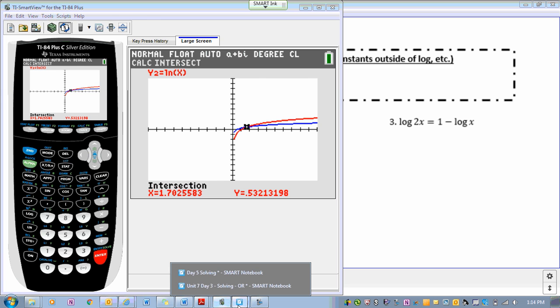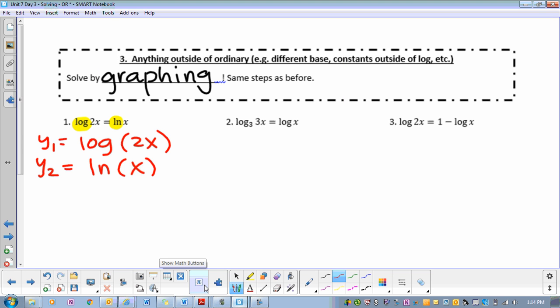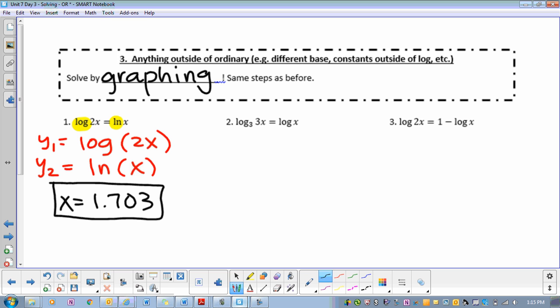X equals 1.703. Now you have to check it because it says log, right? If you plug this into that x, do you get a 0 or a negative? No, so this one is a solution. I'm just going to draw a little braces around it.